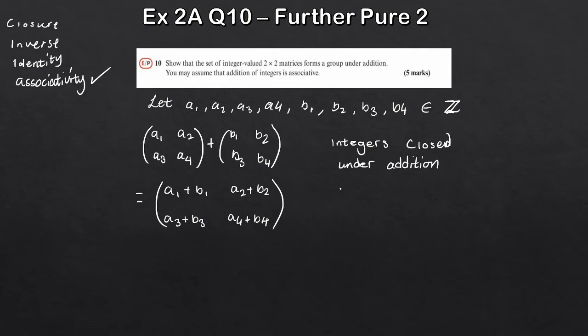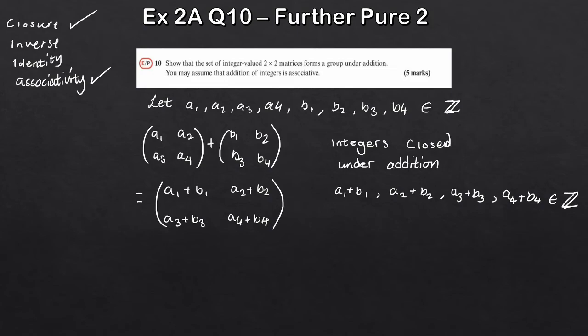So A1 plus B1, A2 plus B2, A3 plus B3, and finally A4 plus B4 all belong to the integers. So what that shows us is that this is closed under addition. So that proves closure. So that's that one done.